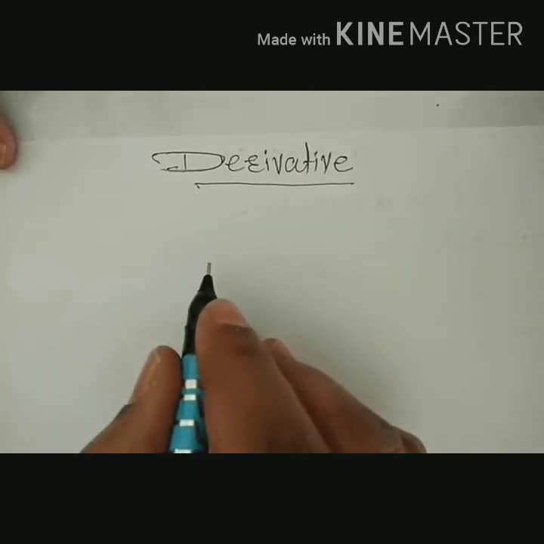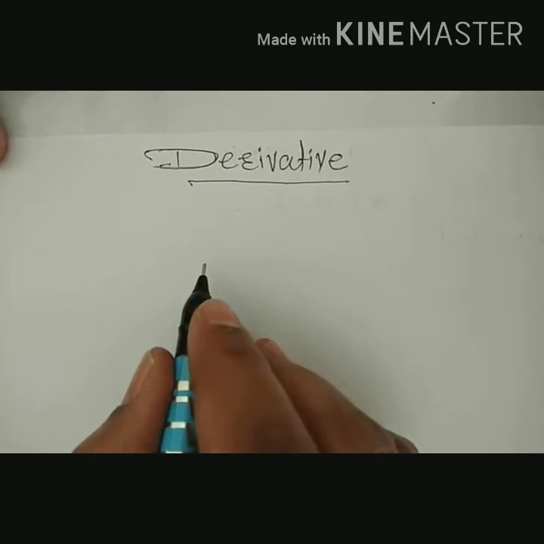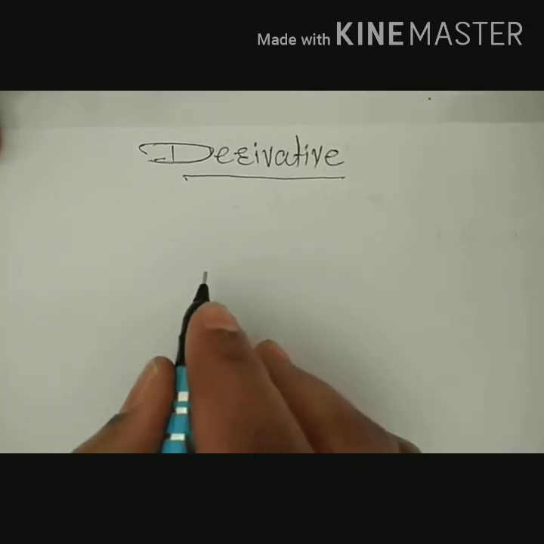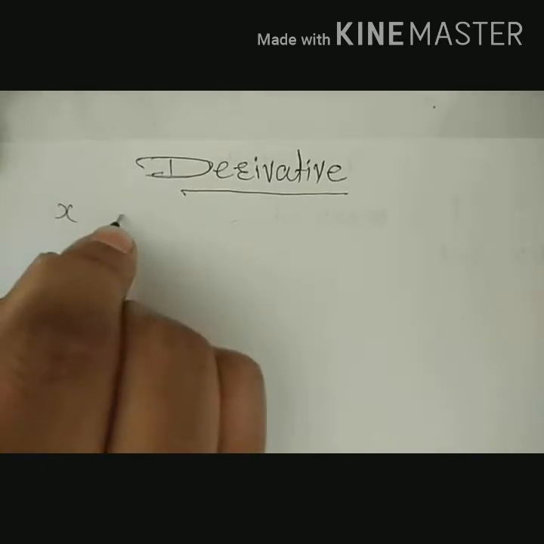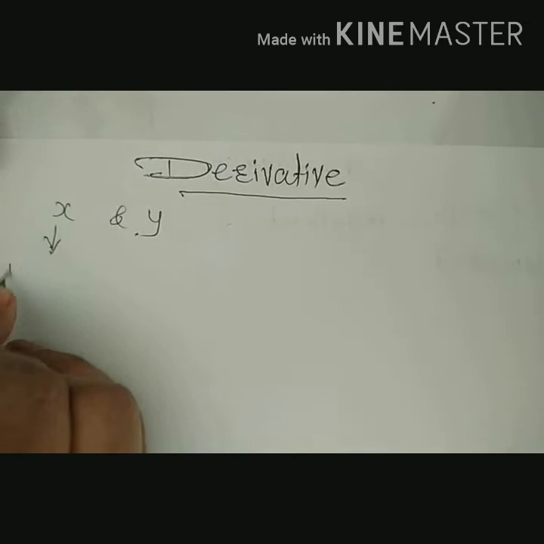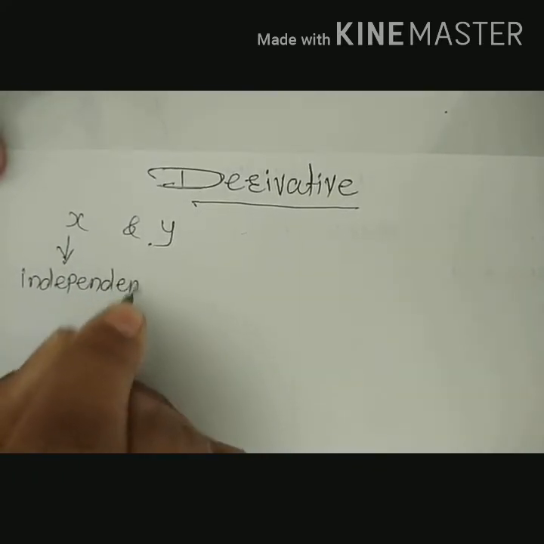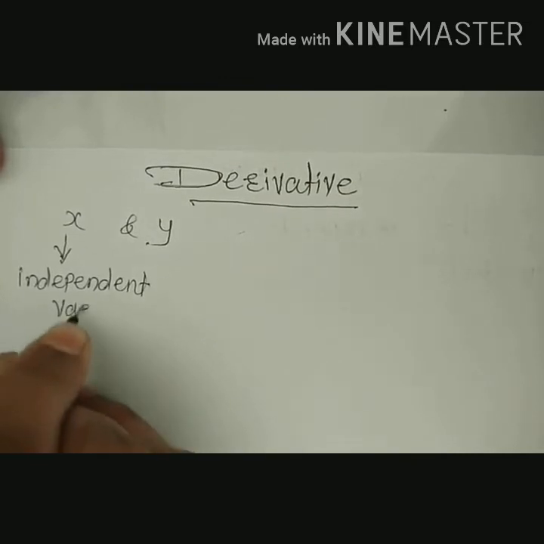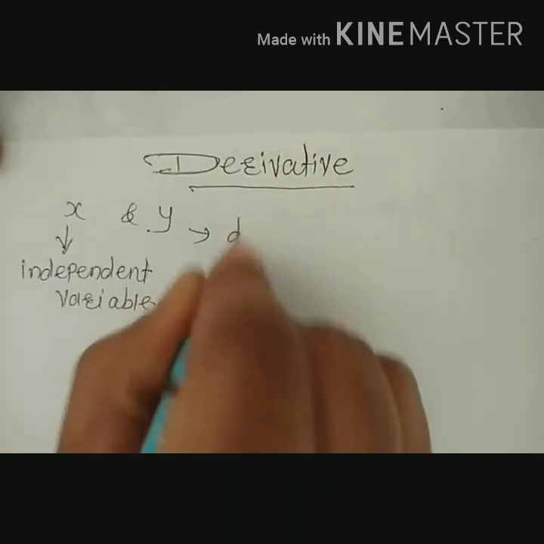In the last video we learned the concept of limit. Today we learn derivative. In derivative we use two variables, for example x and y. X is called the independent variable and y is called the dependent variable.